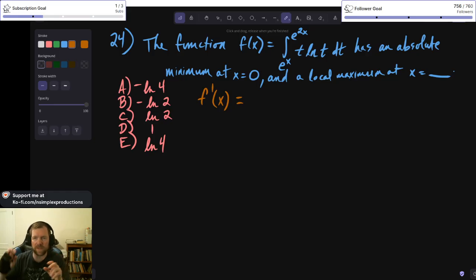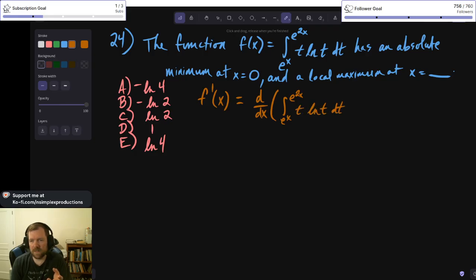The proper mathematical way is to set this up as the derivative d/dx of our function: the integral from e to the x to e to the 2x of t natural log t dt.